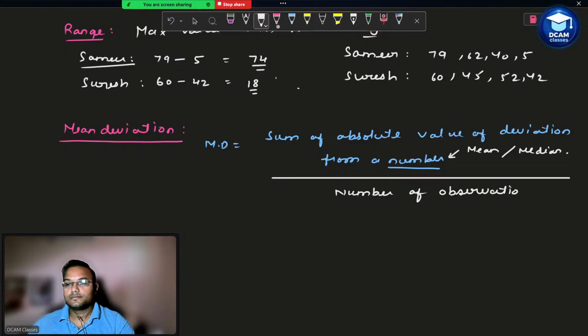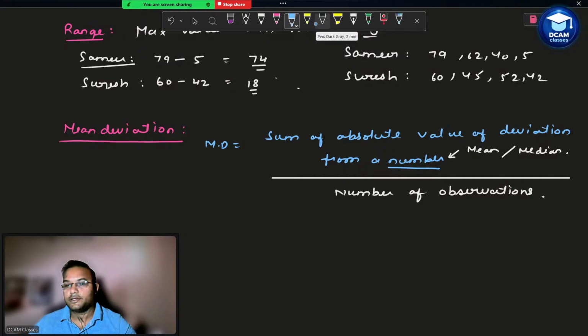Okay. Yes, sir. Simple formula. If I give you simple data, you already know how to find the mean. Find the mean, then subtract the mean from every term, take the modulus, add them all up, and divide by the number of observations.